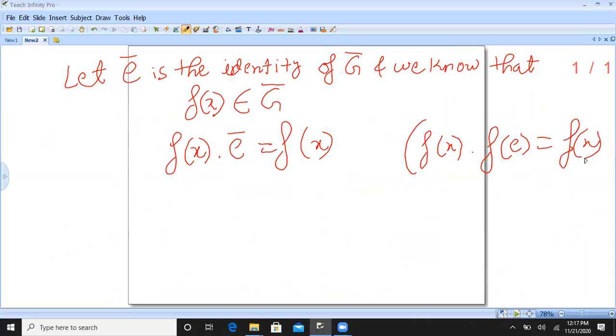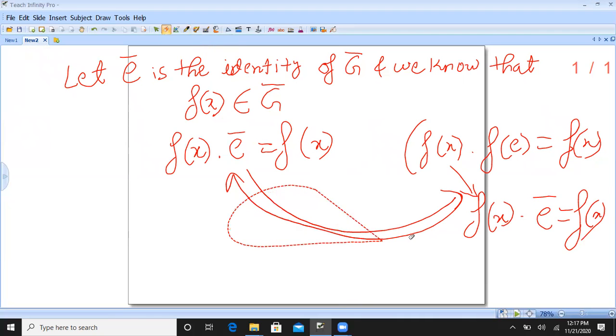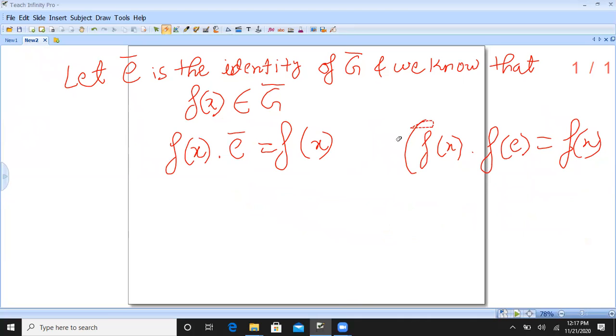So see how we write this statement. I write f of x as it is, then f of x into f of e, I make this e bar, is equal to f of x as it is. Same step, look. Don't get confused about where these steps come from. So this is how we write the steps.